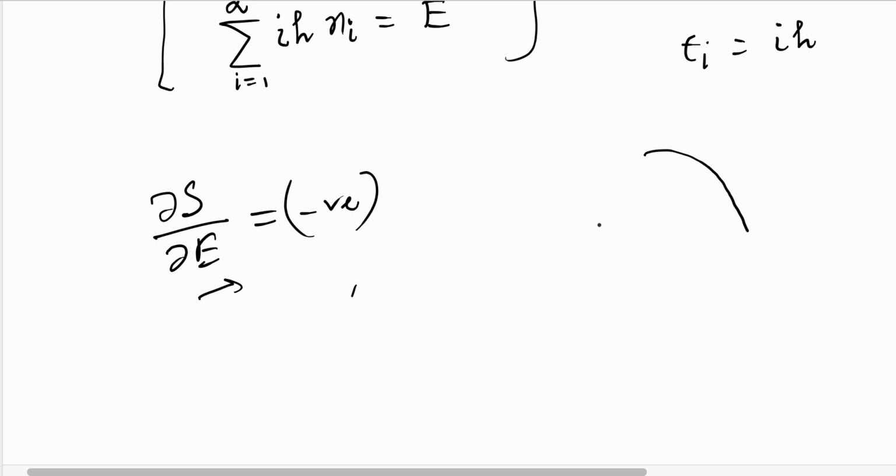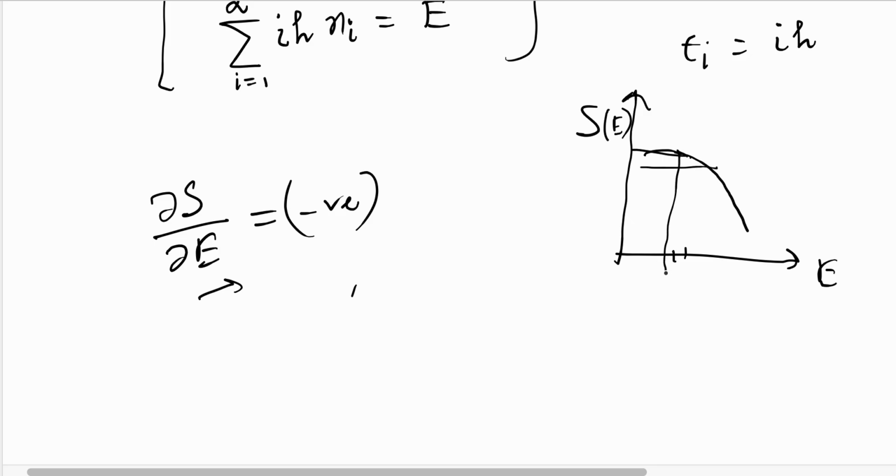So if entropy as a function of energy decreases with energy, and I change the energy in the positive direction from here to here, the entropy will decrease from here to here. So this will be S minus dS.